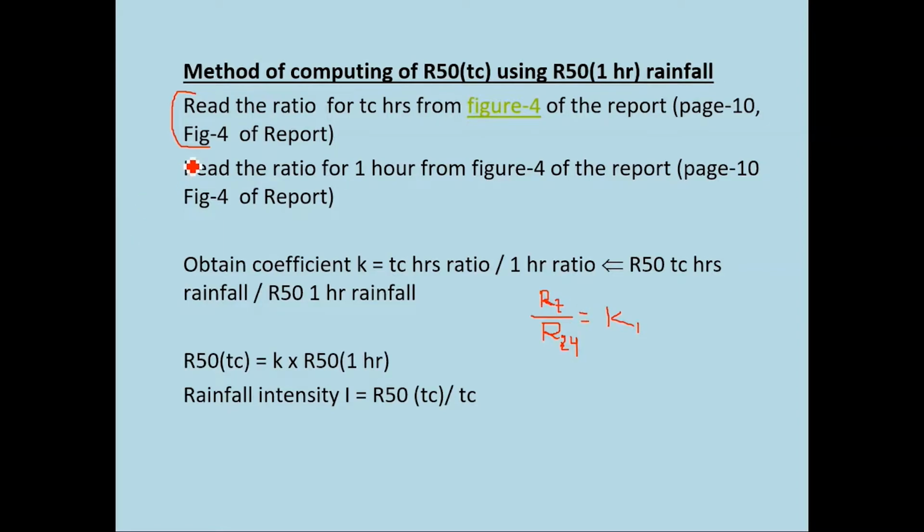Now going for this second line, what does it say? It says the ratio for 1 hour from figure 4 of the report. So here it is TCR. This is for TCR. So this is K1. This is TC.